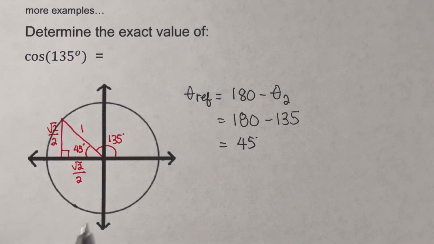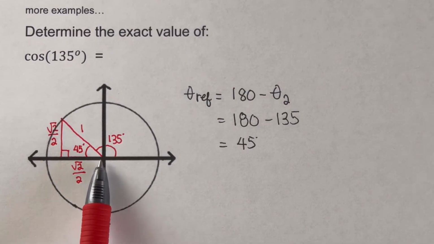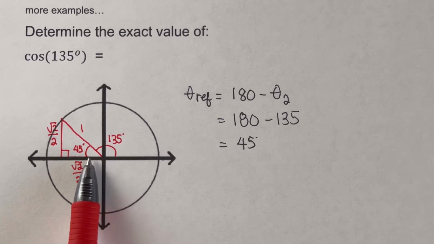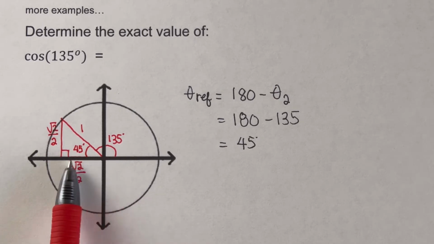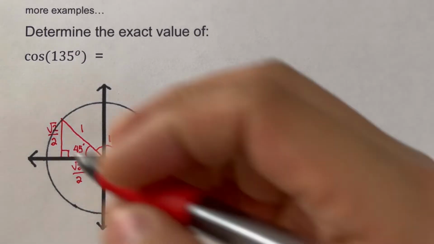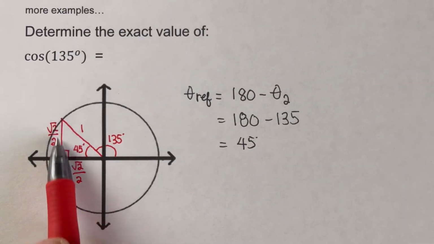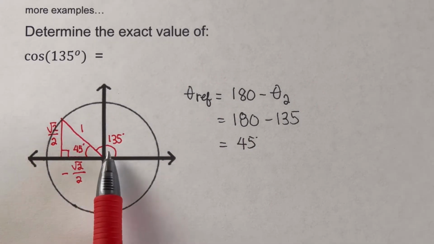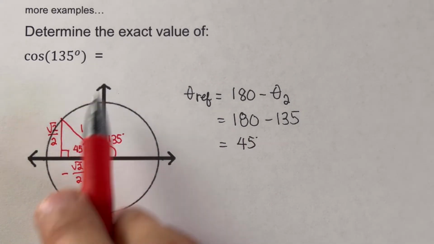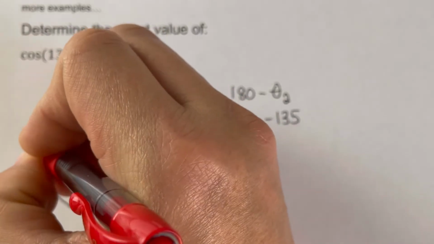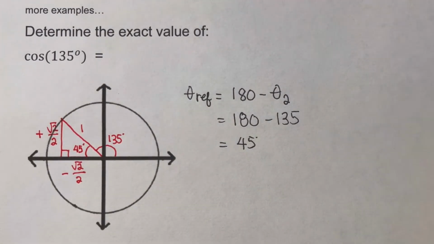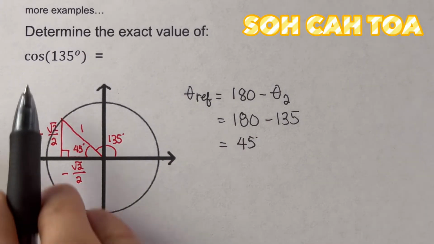Since this is on the second quadrant, our x, which corresponds to the horizontal line here, this represents the x. Our x here is negative. And our y right here, the vertical line, is actually parallel to the positive y-axis. So this is positive.